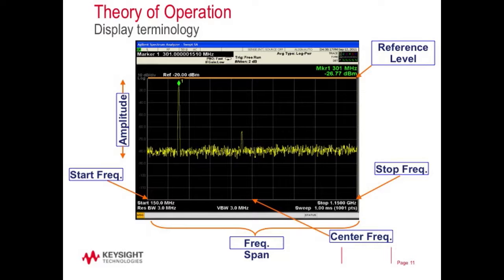And so you could put another marker on this signal, but just from looking at this, it's a 1 gigahertz span, so that I have 10 divisions, so that's 100 megahertz per division. So if I know this is 301, I can go 401, 501, roughly 600 megahertz. And so most likely this is the second harmonic of this guy, right? So that's how you can kind of look at a spectrum analyzer display.